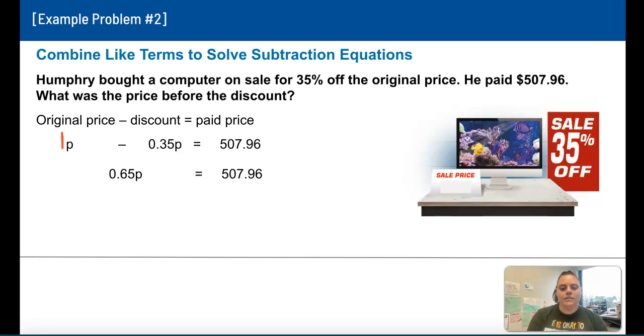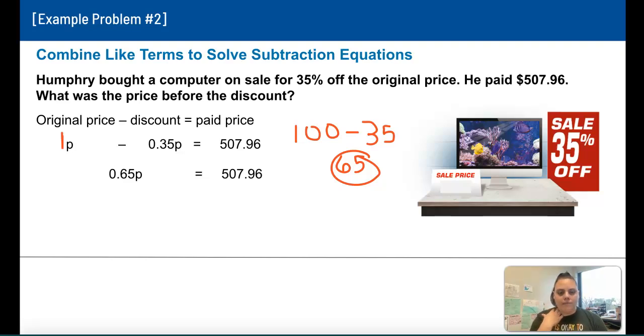This is like saying 100% minus the discount of 35% is 65%. So this is how much we pay, 65%. So we're paying 0.65p, which is $507.96.